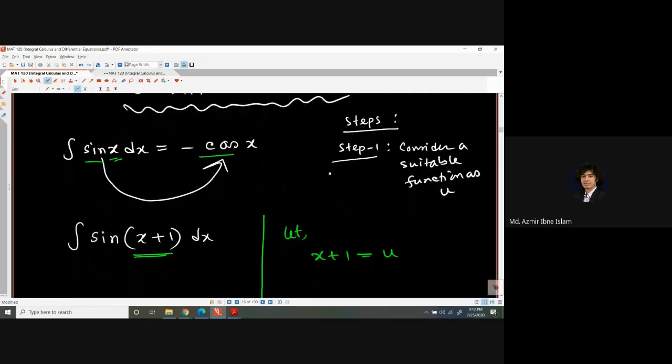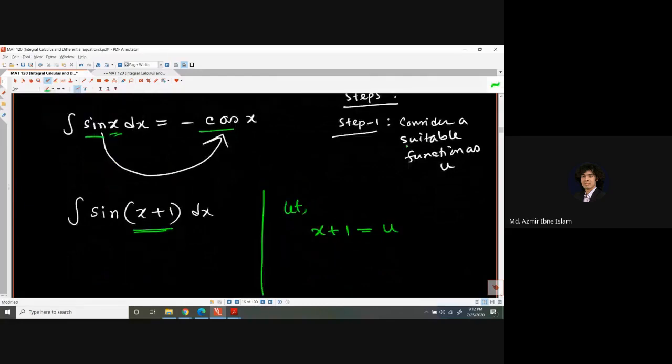So this part is important. I have mentioned here that function should be a suitable function. That means whatever function we have considered here, that may be suitable, may not be. Why I am using this word suitable, you will understand later. But at first, let me show all the steps.